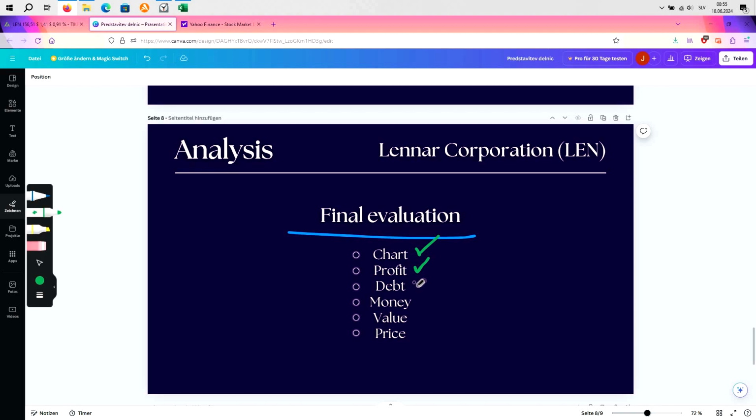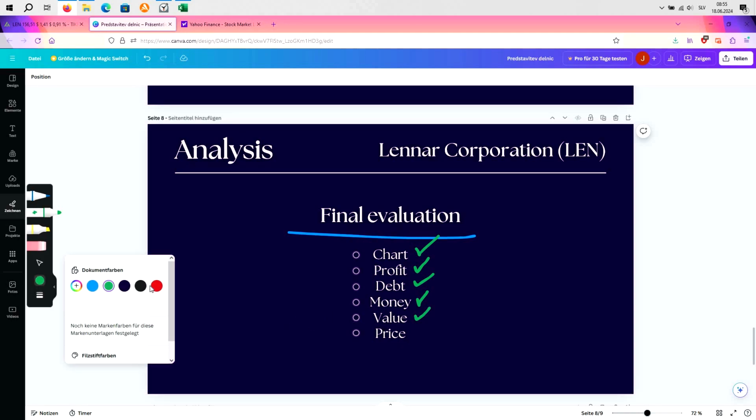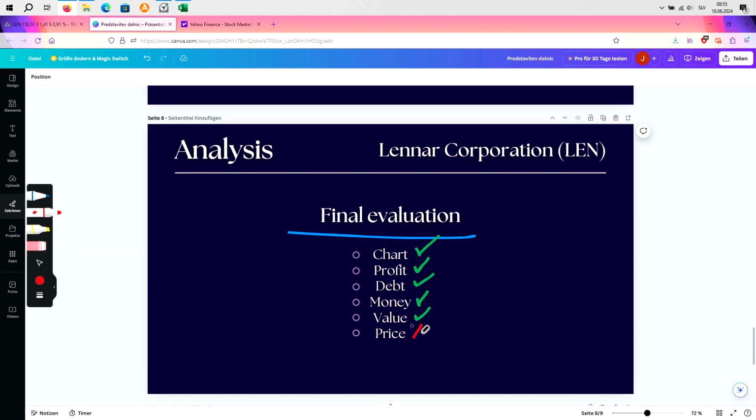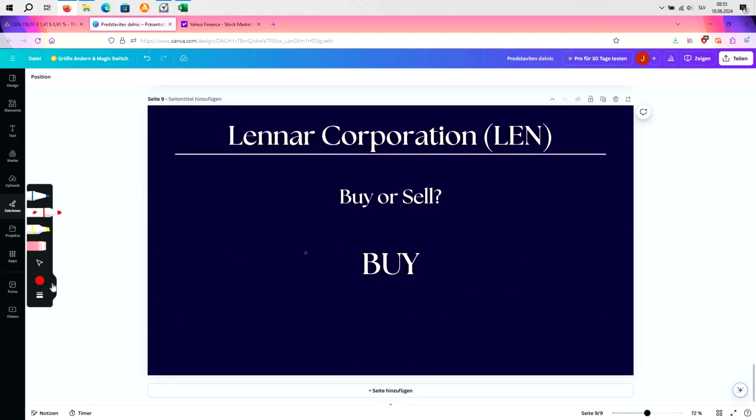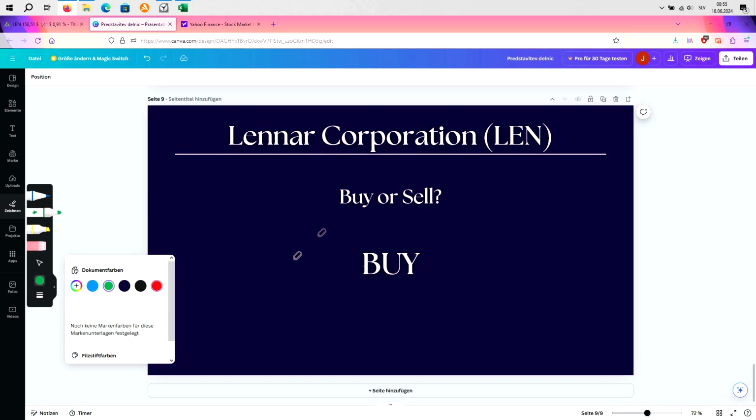Is debt decreasing? Yes, it is. Do they have money in plus in bank account? Yes, they do. Is the stock undervalued in terms of the value? Yes, it is. And is price below 150 euros? No, it's not.